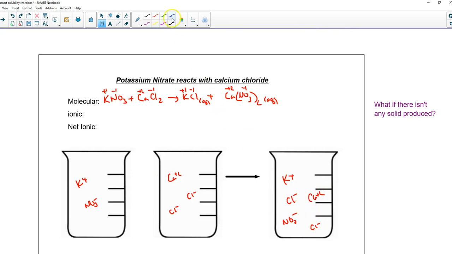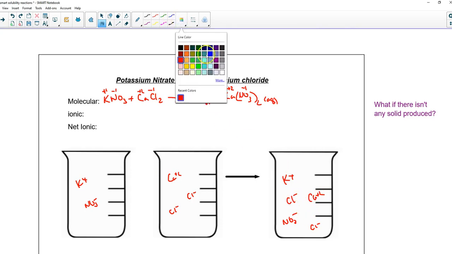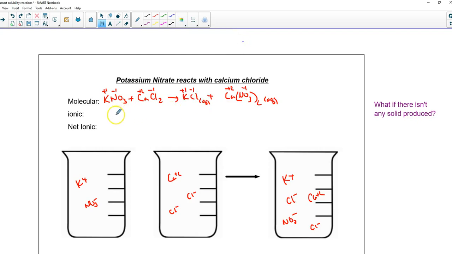On this point, you'll notice that if I wrote my ionic equation, it would be K plus, NO3 minus, plus Ca plus 2, plus Cl minus, yields potassium plus, Cl minus, plus calcium plus 2, plus NO3 minus. Everything stayed separate.